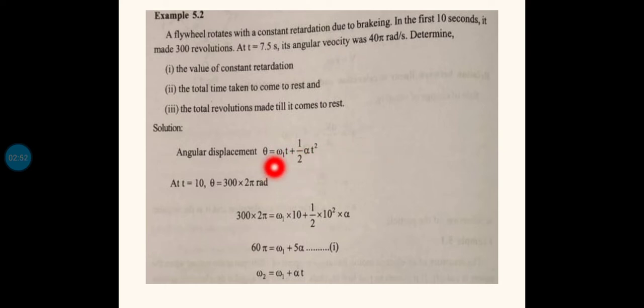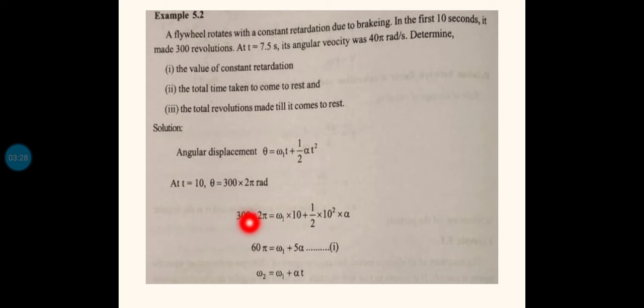Now theta equal to omega 0 t plus half alpha t square, that is the general equation. At time t equal to 10 second, theta was 300 into 2 pi radian. On substituting, this equals the initial angular velocity, which we don't know and will keep as such, times t, which is 10 second, so omega 0 into 10, plus half into alpha, which we also don't know and is what we want to find as the first answer, times 10 square.